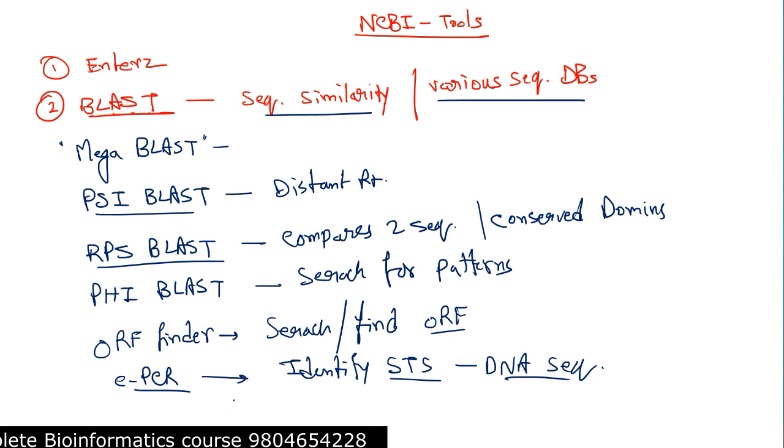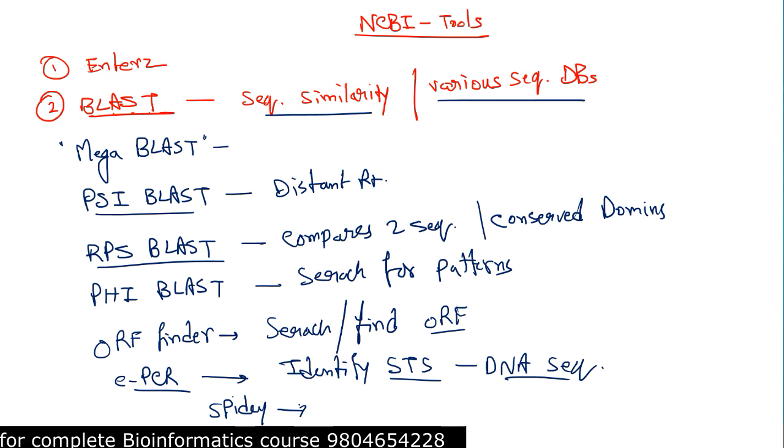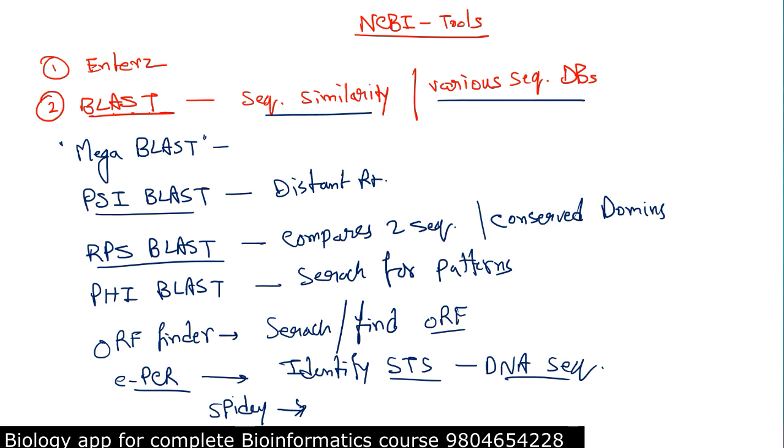And one more tool, SPIDEY. This is a new modified tool. Basically all the tools that we discussed till this point are involved in sequence comparison, that is DNA with DNA, RNA with RNA. But this one, SPIDEY, is an mRNA to genomic alignment program.